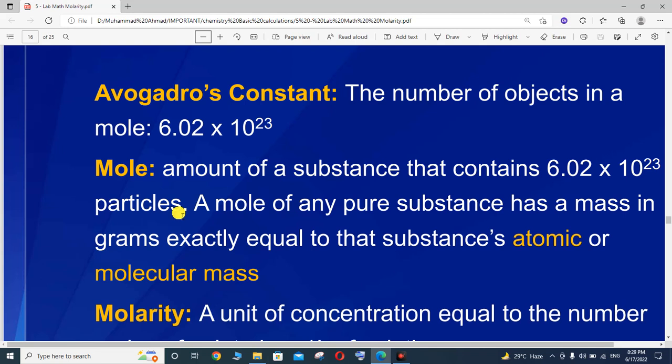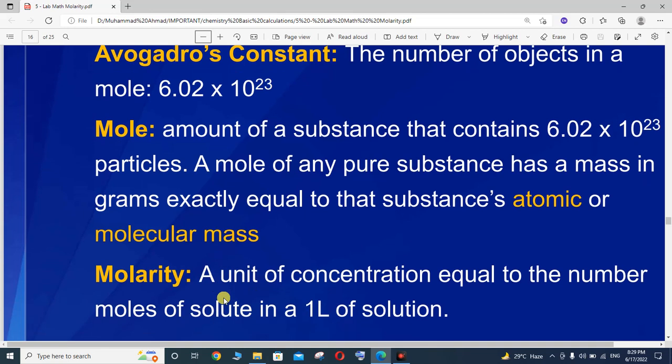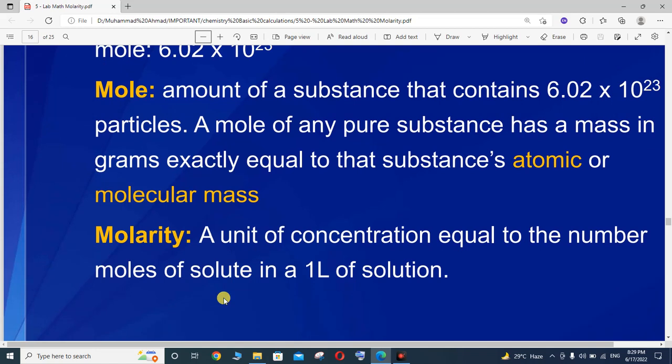A mole of any pure substance has a mass in grams exactly equal to that substance's atomic or molecular mass.